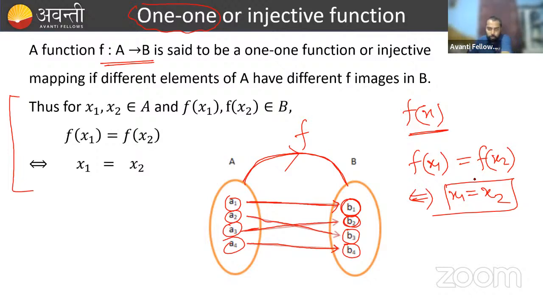Okay, now tell me, f of x is equal to x square. It's a function. Is it 1-1?